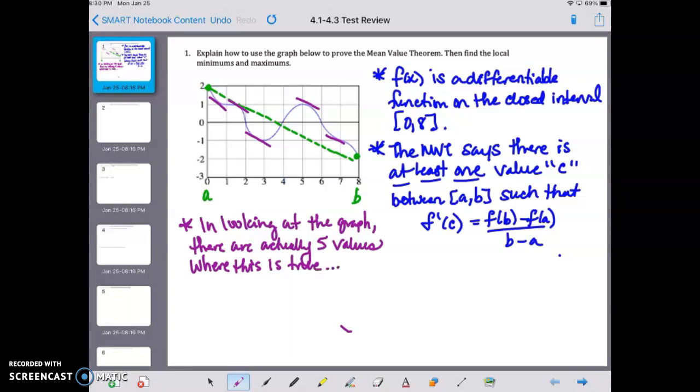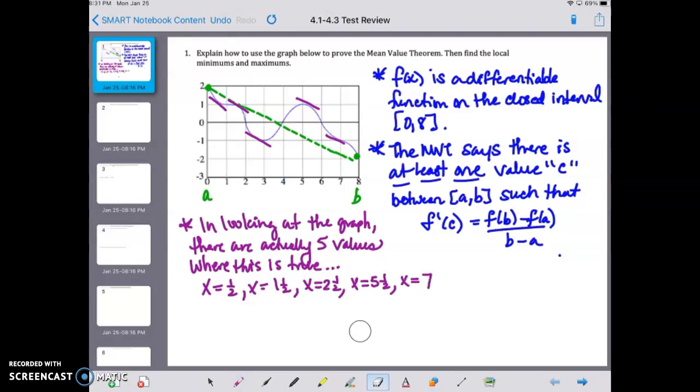And those values are approximately x equals 1/2, x equals 1 1/2, x equals 2 1/2. I'm just approximating these. X equals 5 1/2. And about x equals 6 1/2, 7.